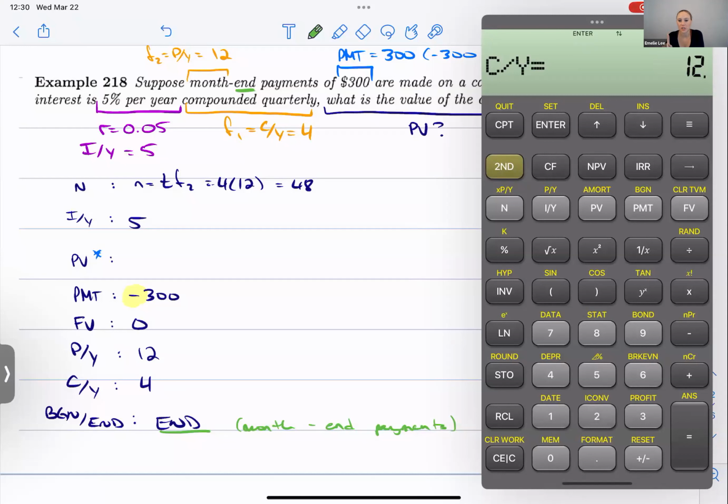Now I'm going to change the compoundings per year to 4. Enter. And then I like to scroll around and make sure that they're saved the way I want them to. If I forgot to hit enter, for example, it would revert back to the old one.